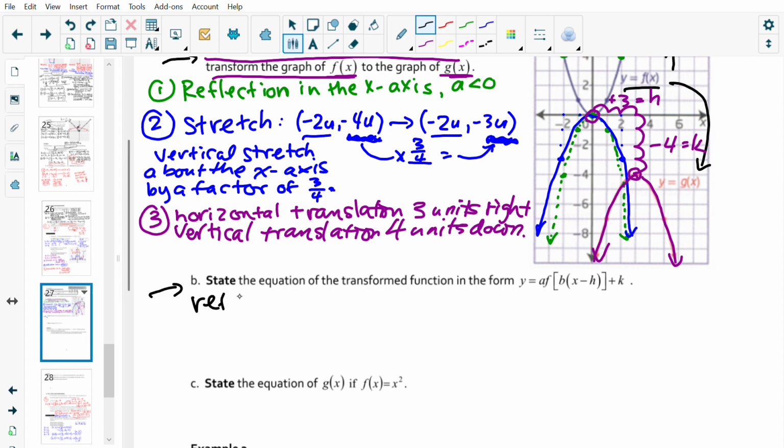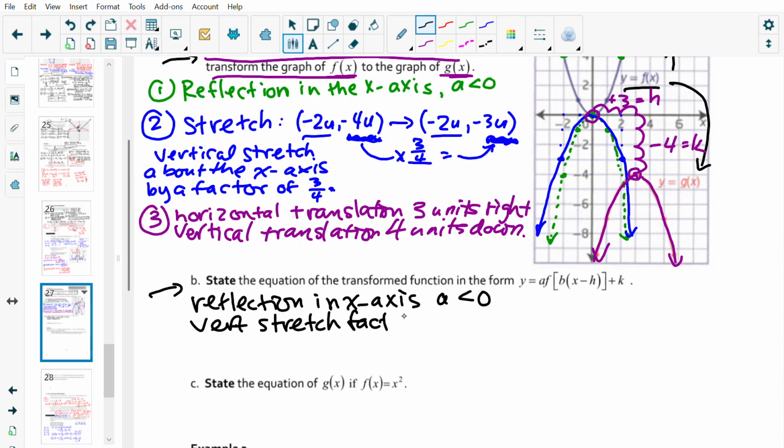We said there's a reflection in the x-axis. So a is less than 0. And we know that the vertical stretch factor, the a value, is 3/4. So a equals negative 3/4.